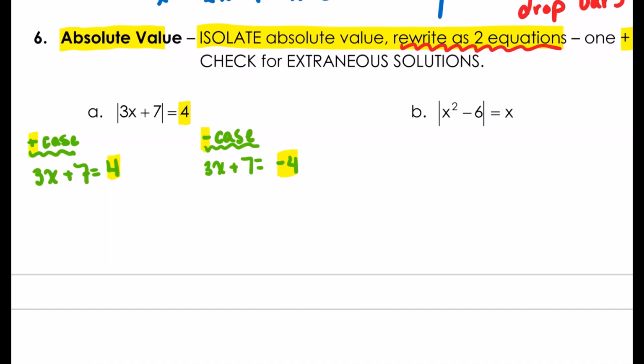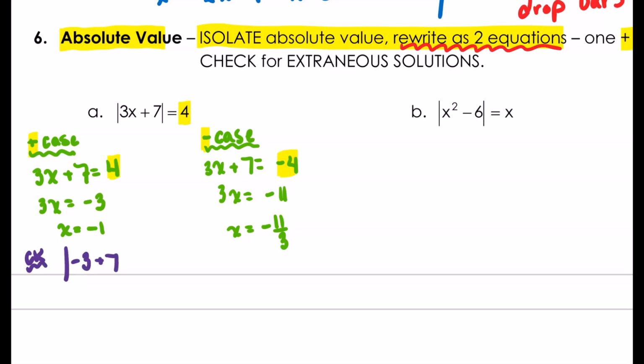Right, and then solving each one. Notice I get 3x is equal to negative 3, and then x is equal to negative 1, and then 3x is equal to negative 11, and x is equal to negative 11/3. All right, and then again, we've got to check. For negative 1, notice that I get the absolute value of negative 3 plus 7.